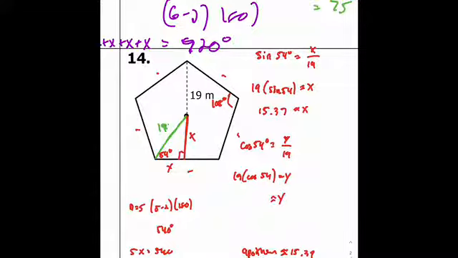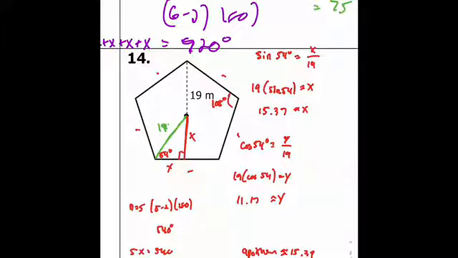y is approximately 11.17. Okay, so our half side length is approximately 11.17.